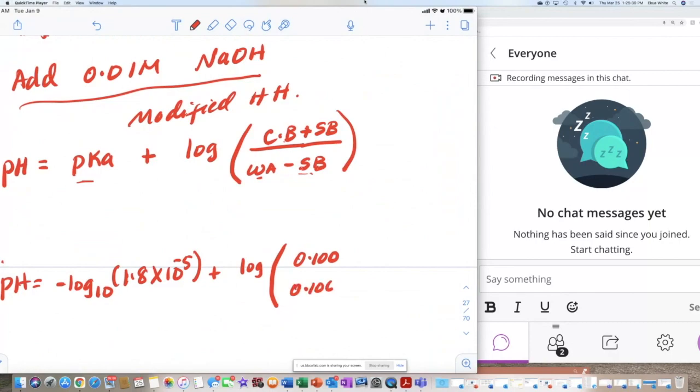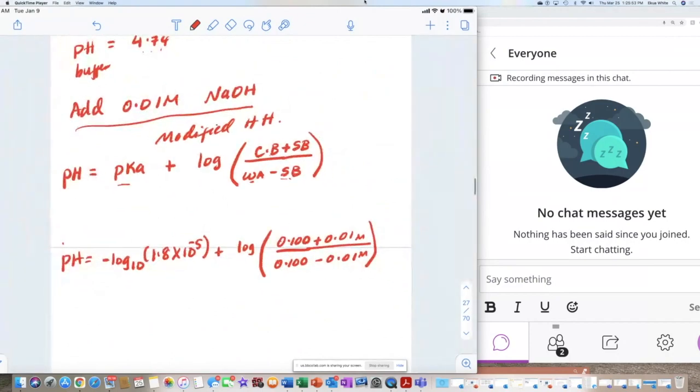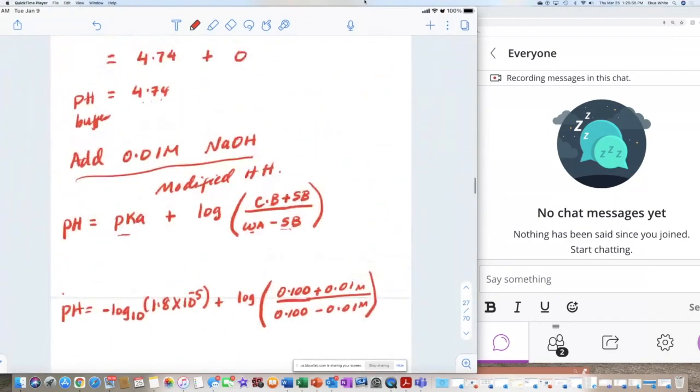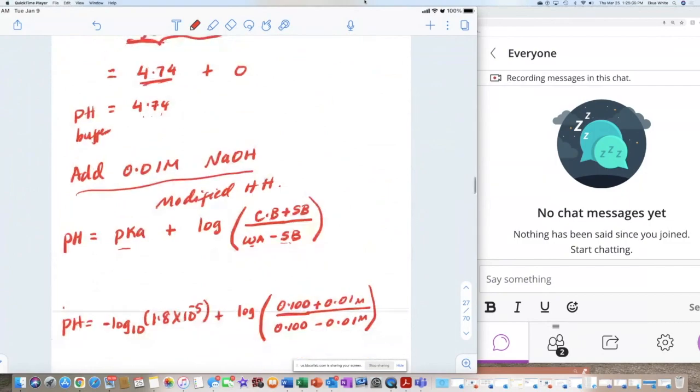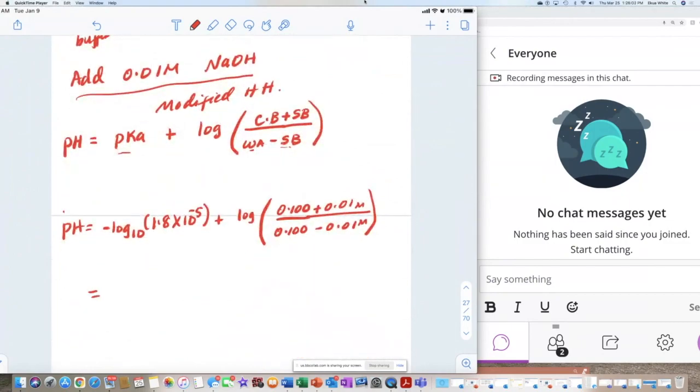But now for the bottom number we have to subtract 0.01, and for the top number we add 0.01. That's the only thing that really changes here. Everything else remains the same. Since I did this before and it produced this number, I'm not going to do the math again. It's still 4.74. This is the part that changes.